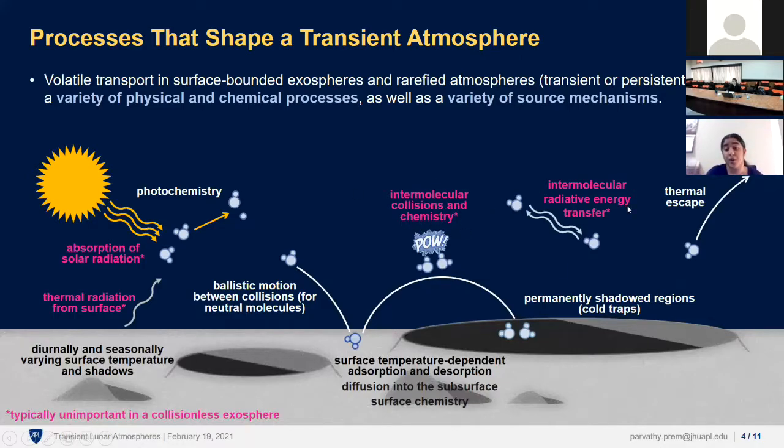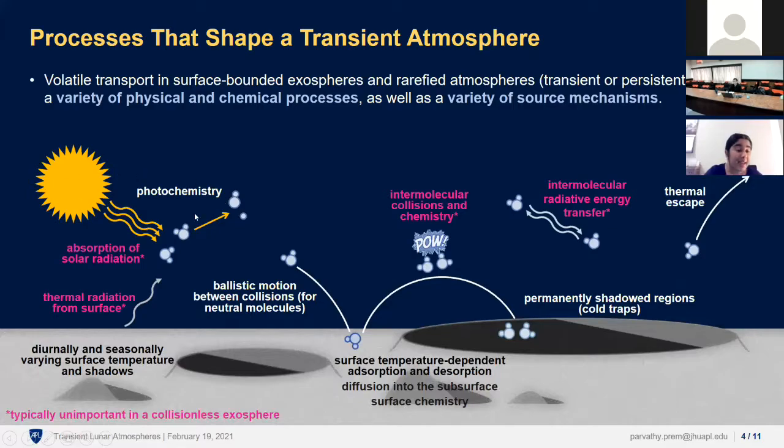They can also exchange energy through spontaneous emission and absorption of radiation. They can also absorb radiation from the sun, and thermal radiation from the surface. There are two other processes which are also important in the collisionless limit, and those are the loss processes.